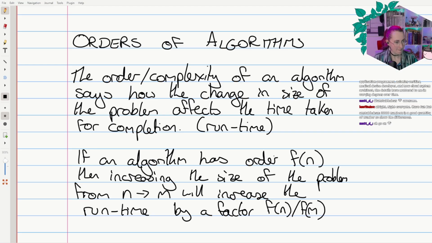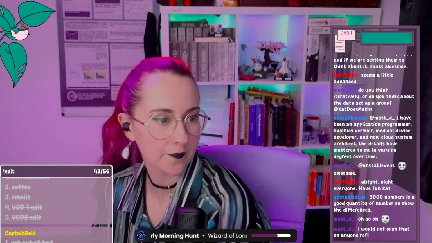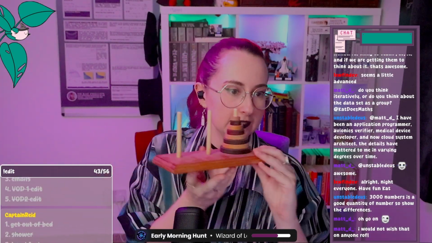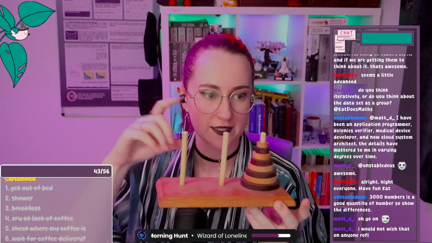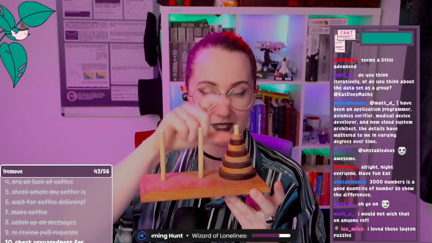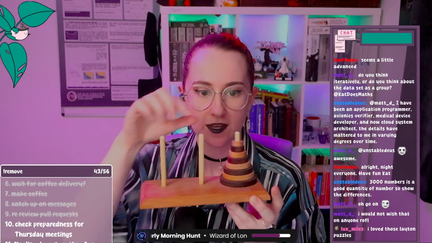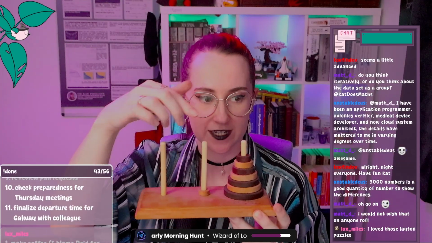Towers of Hanoi being this puzzle, if y'all have ever seen this. One second, wrong button. That one. This thing is a Tower of Hanoi, and basically the game is to get the stack of discs from this side to this side, but you can only move one at a time, like holding it with a hand and moving one at a time.